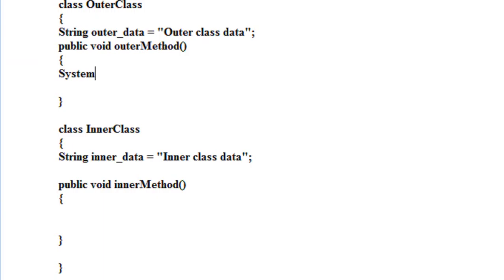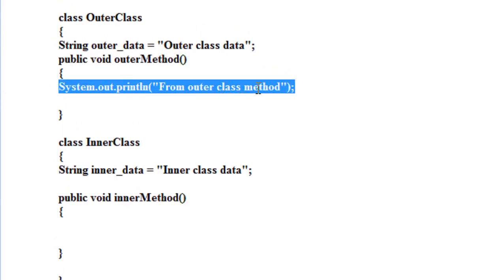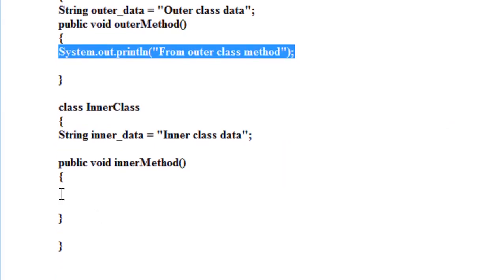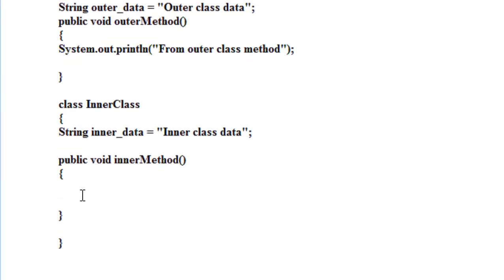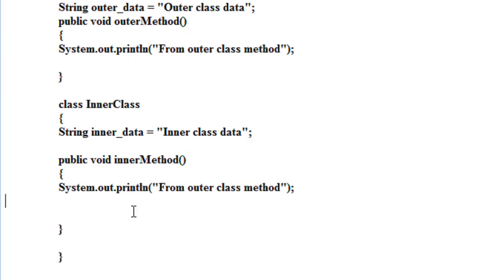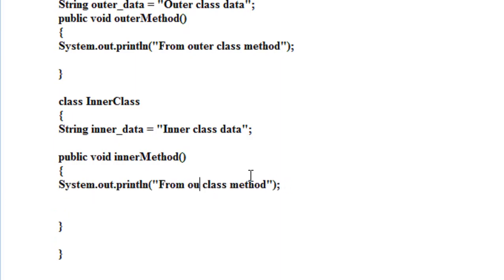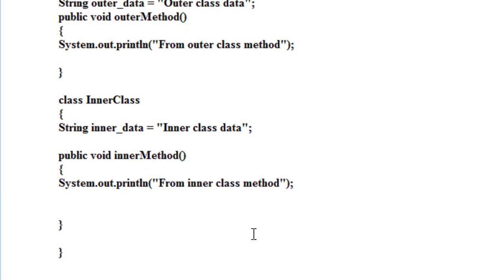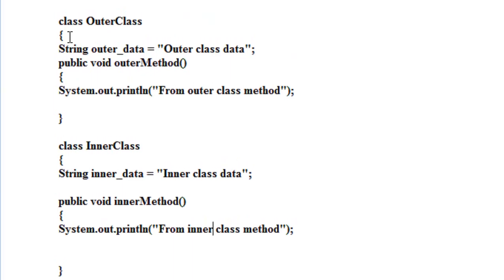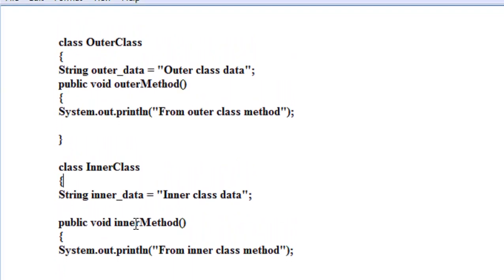Now I just print a message here from outer class method. Also I display a message on the method inside the inner class. Change it as inner class method.